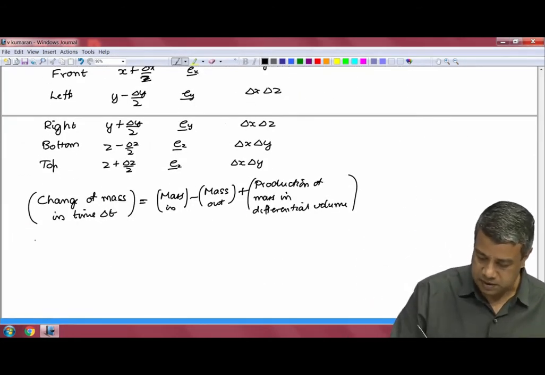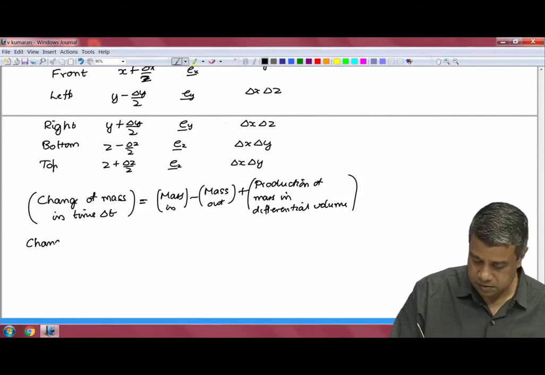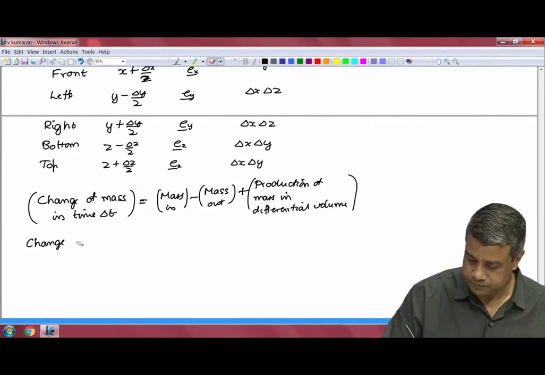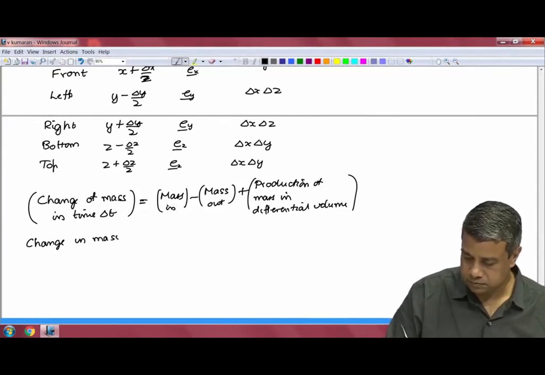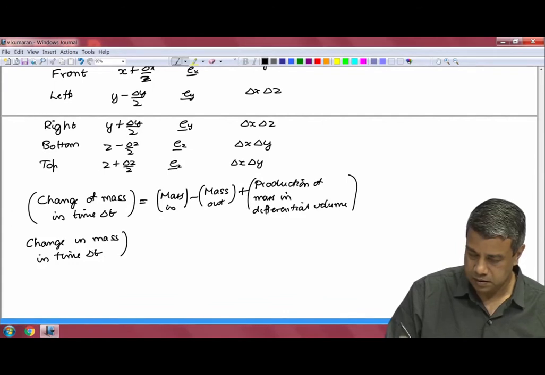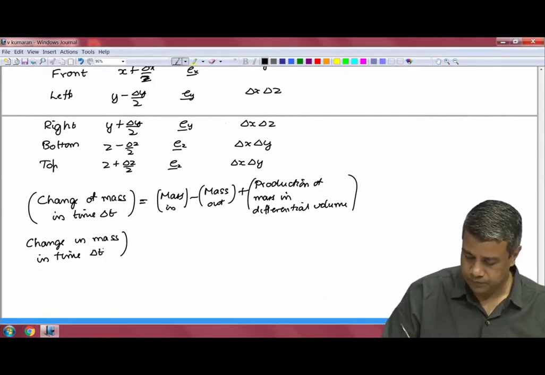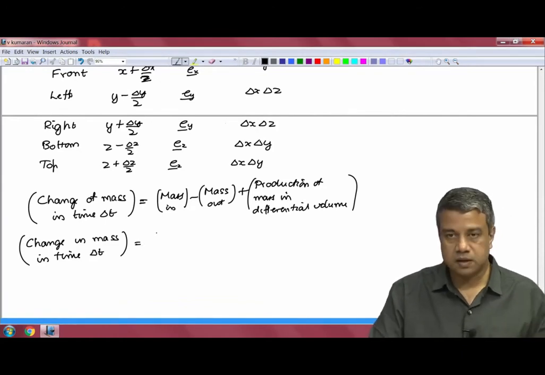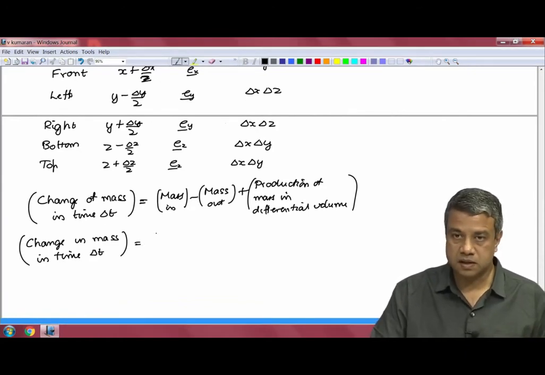So, the change in mass in time delta t is going to be the change in the concentration times the volume.